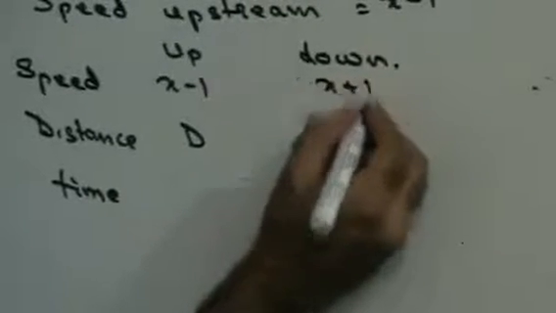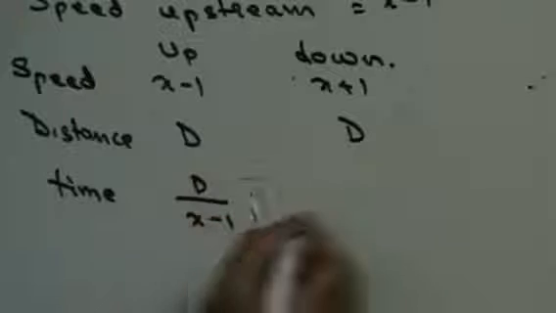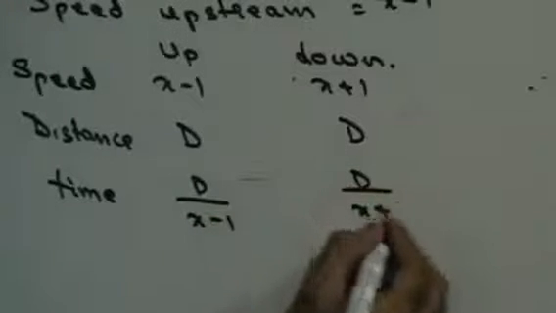Downstream speed is x plus 1, distance is d. Now we know that time is going to be nothing but distance upon speed. So it is going to be d upon x minus 1 and this is going to be d upon x plus 1.